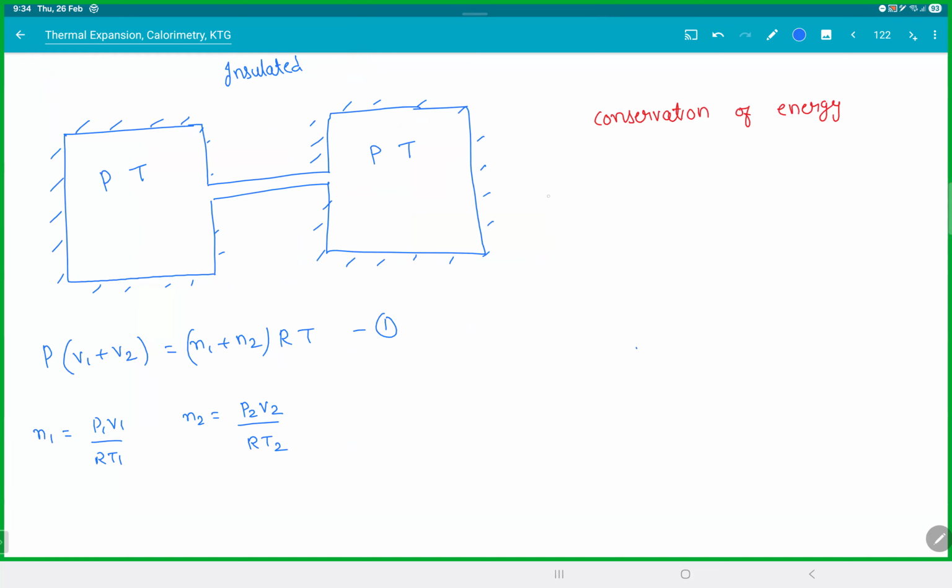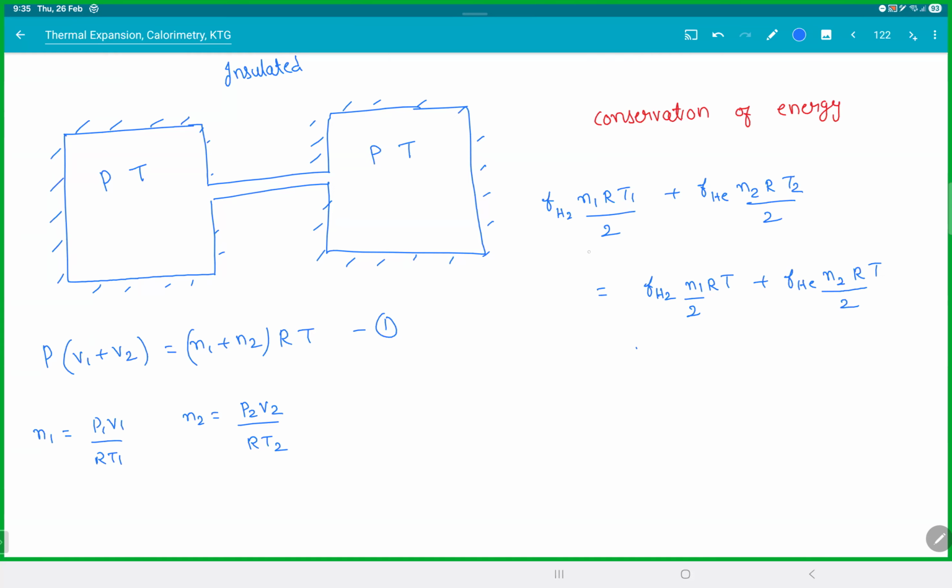So let me write it that way only. F hydrogen, left was hydrogen actually. F hydrogen N1 R T1 by 2 plus f helium N2 R T2 by 2. This is your initial energy, must be equal to f hydrogen N1 by 2 R T final plus f helium N2 R T final by 2.